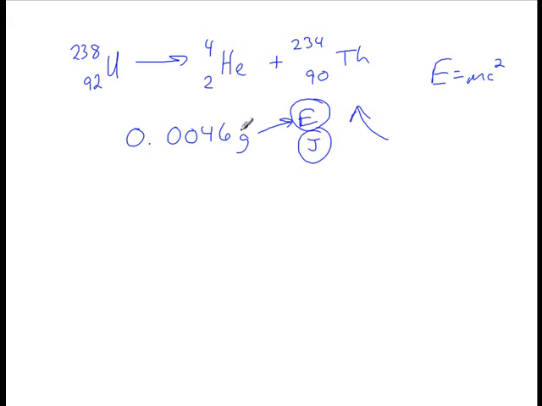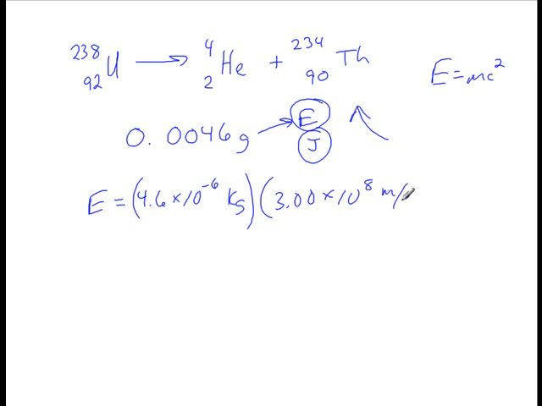And so make sure that you've converted this to kilograms, and it will look like this: 10 to the minus 6 kilograms. And then c is just the speed of light, which, if you don't know it, I'll give that to you. Meters per second squared.